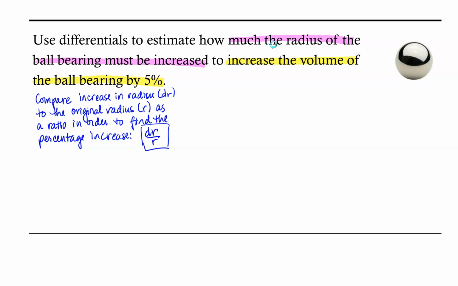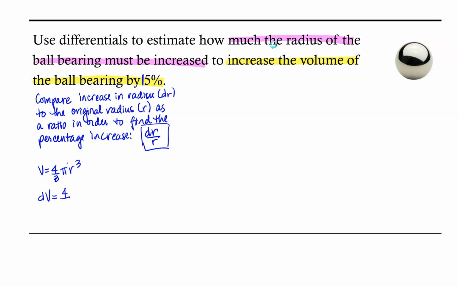Okay, well, recall that our volume is 4/3 pi r cubed. And what we want to have happen, we want the change in volume to be 15, oh, my apologies, this should be 15%. To be 15% larger than it currently is.